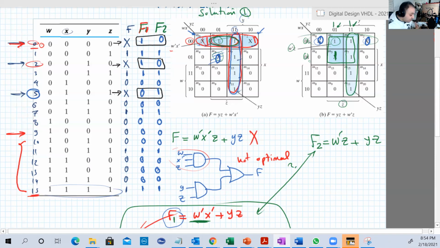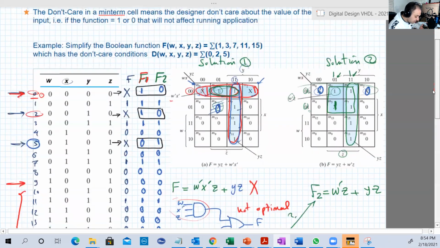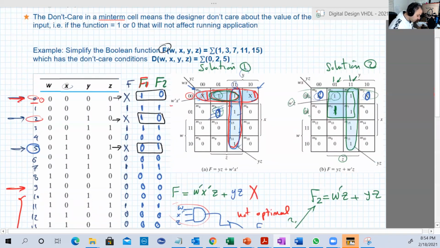So our first implementation for this function f is F1, which has no don't cares, right? There is no don't cares in this implementation. So this is the ideal definition, the perfect definition of f. And this is the practical definition of f.